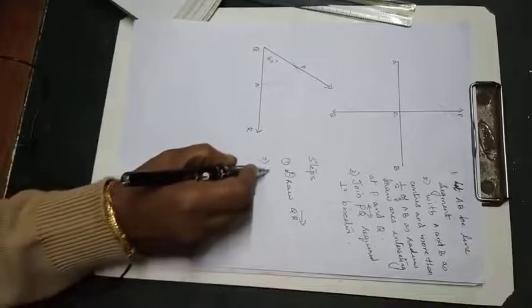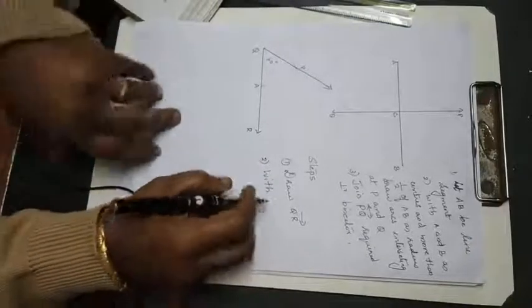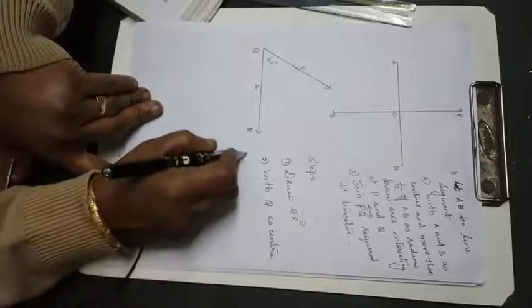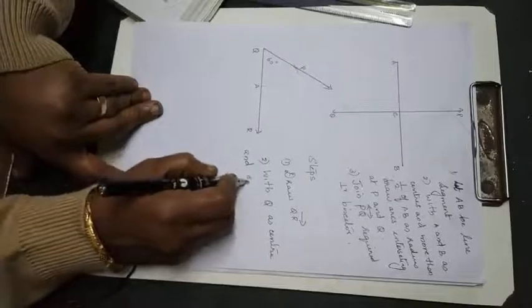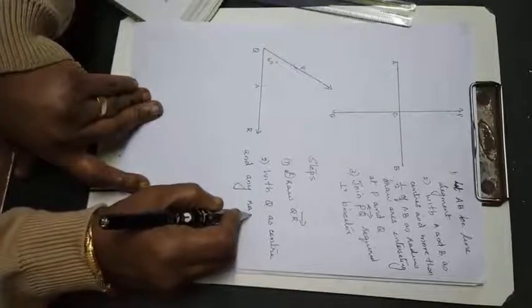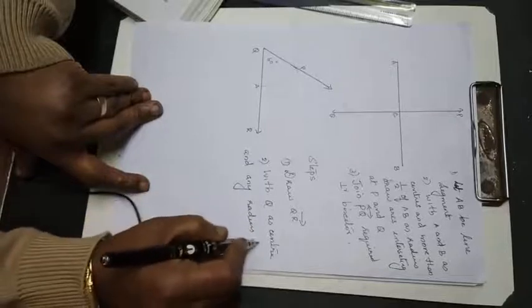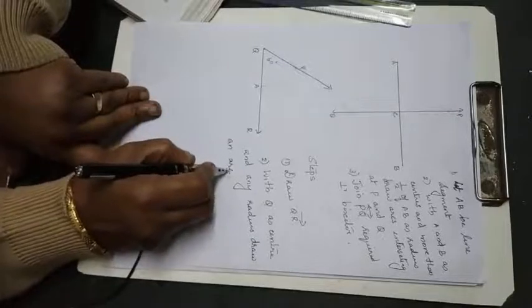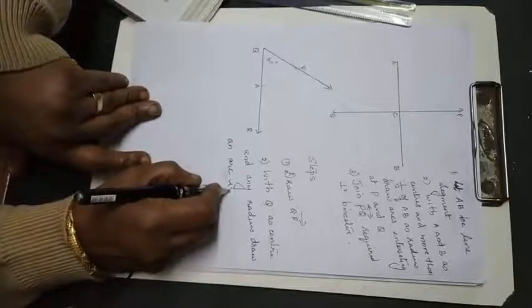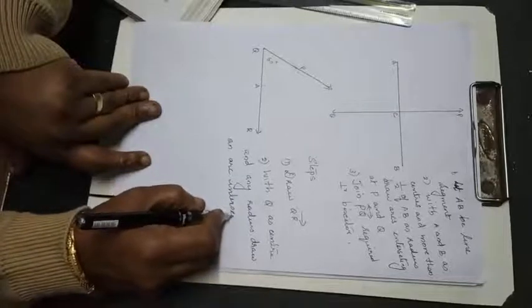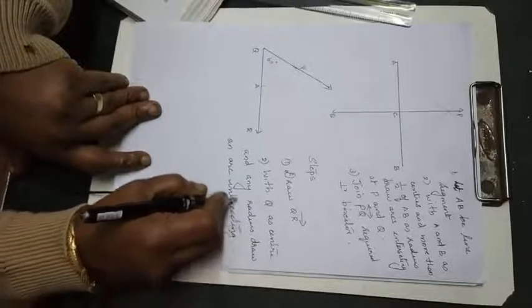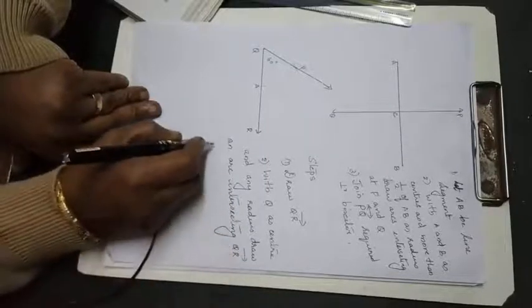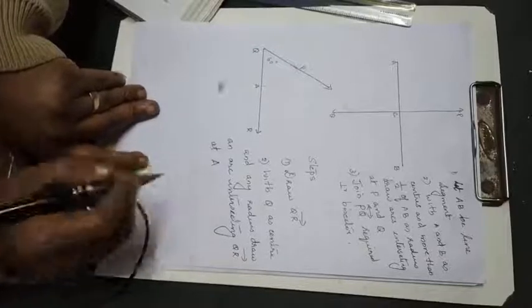Then with Q as center and any radius draw an arc intersecting QR at A.